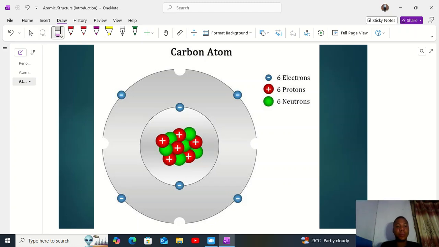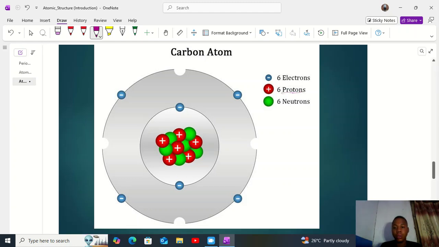Like we have it here, this is the proton and this is the neutron. The proton is represented with this red circle, while the neutron is represented with this green circle.